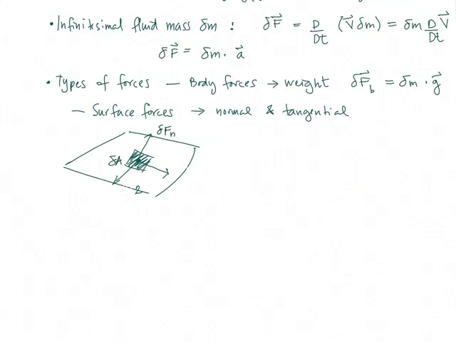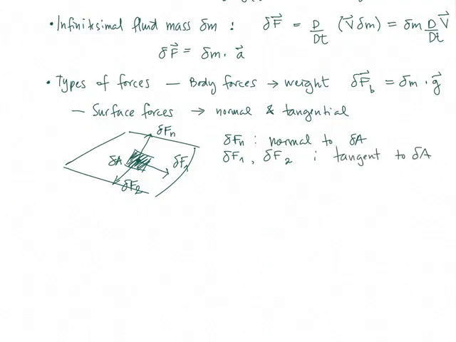Let's call these dF1 and dF2 to represent the two forces parallel to the area and orthogonal to each other. So dFn is the force normal to the area, and dF1 and dF2 are tangent to dA.